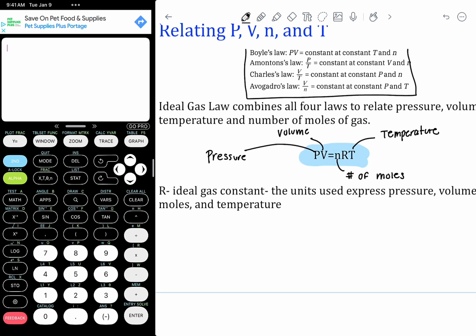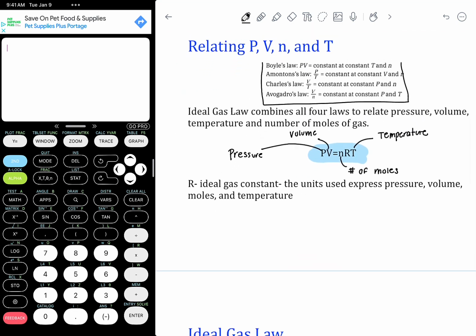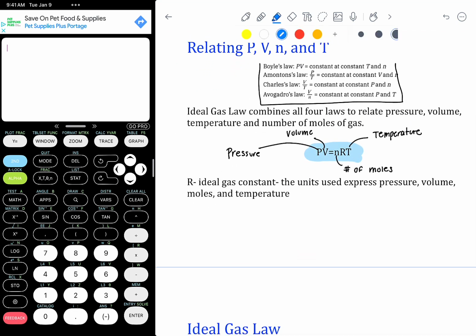A new variable in this equation is R. R is the ideal gas constant. So it is a constant which has a number associated with it, which we'll get to in the next slides.